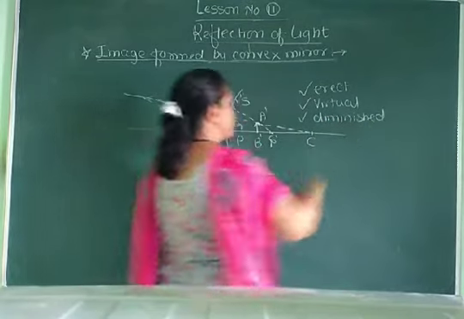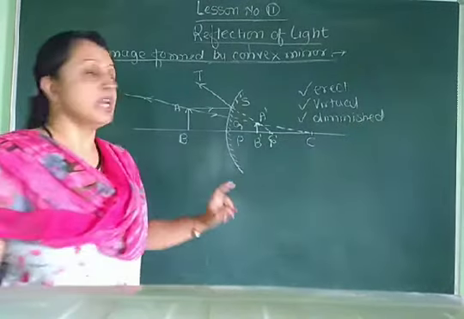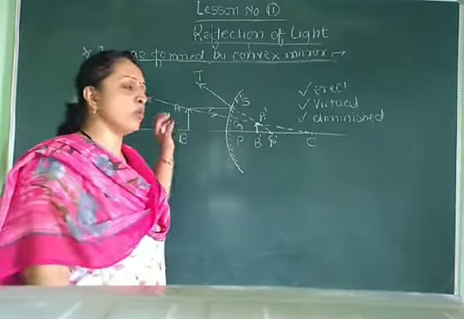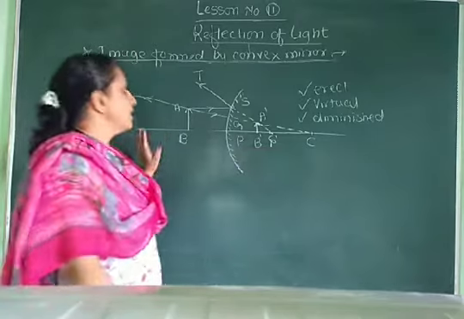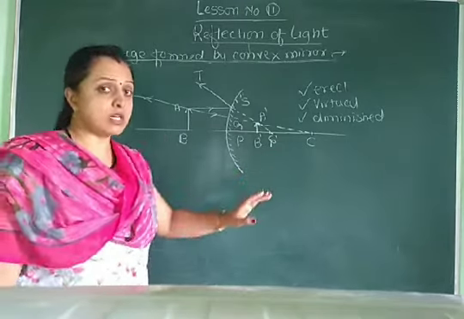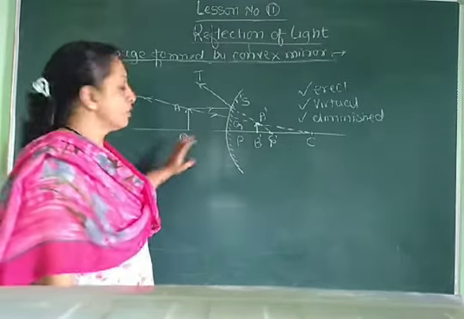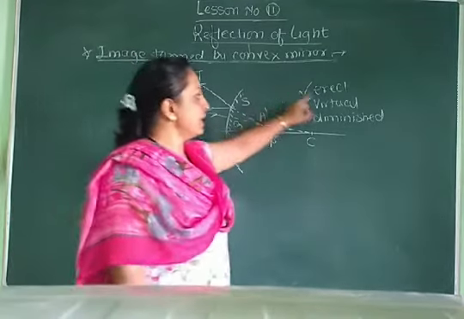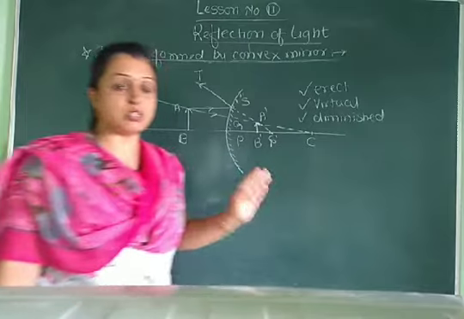You can see here we get a diminished image, and hence in case of a convex mirror you just have to remember only this one thing, that the formation of image does not depend on the position of the object. Though we place the object at any position in front of the mirror, we get an erect, virtual and diminished image behind the mirror.